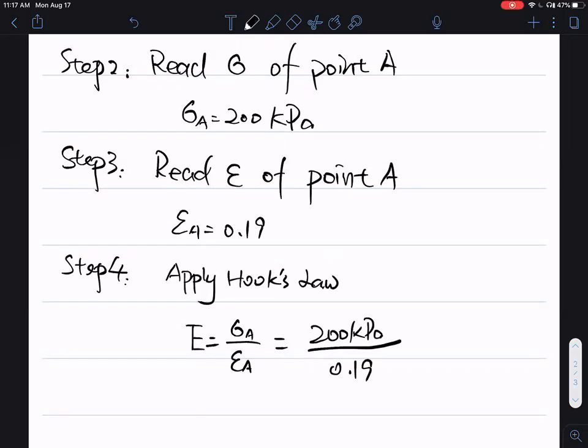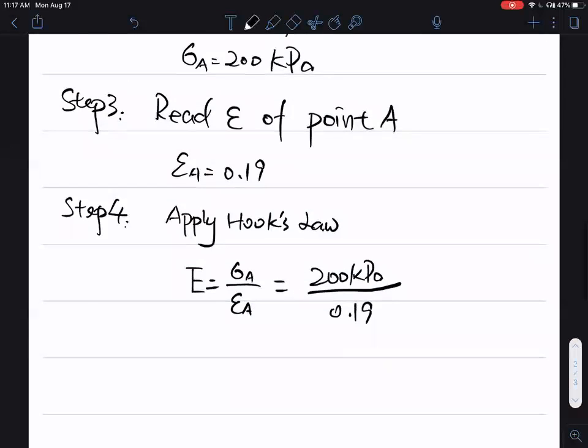You can use your calculator to do it, so it's 200 divided by 0.19. It's about 1052.6 kilopascal.